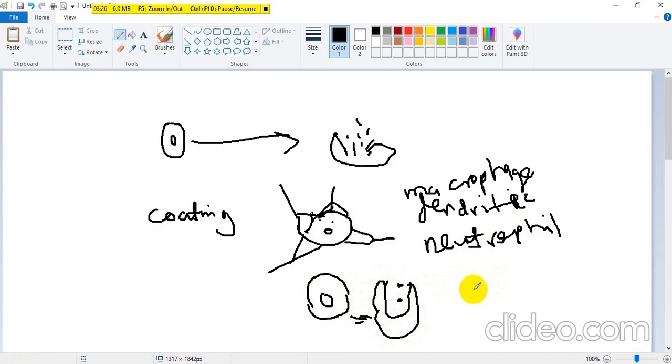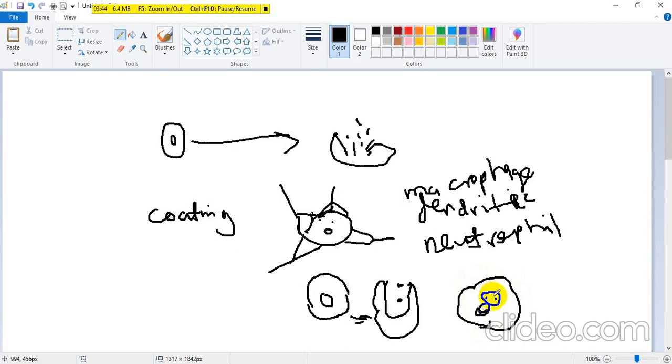Then it will form a food vacuole. It will engulf it. So now these two viral particles will be inside. Then it will attach it to a lysosome. L for lysosome.